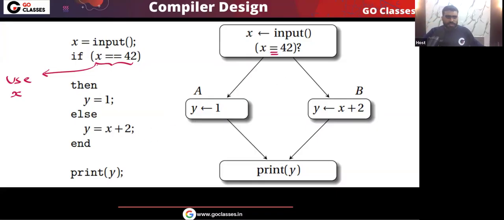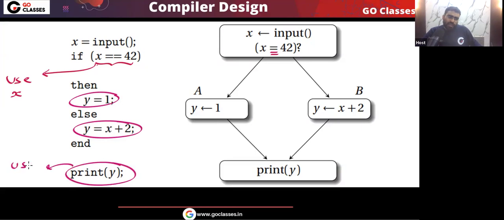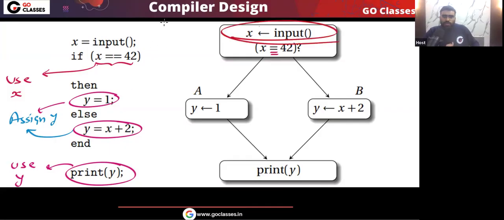Very simple. Now you can see here you are assigning, and then here you are using. Here we use y, and here we assign y. Here also we assign y. Now, actually what will happen? First, you will put some value into x. Then you check, is x equal to 42?